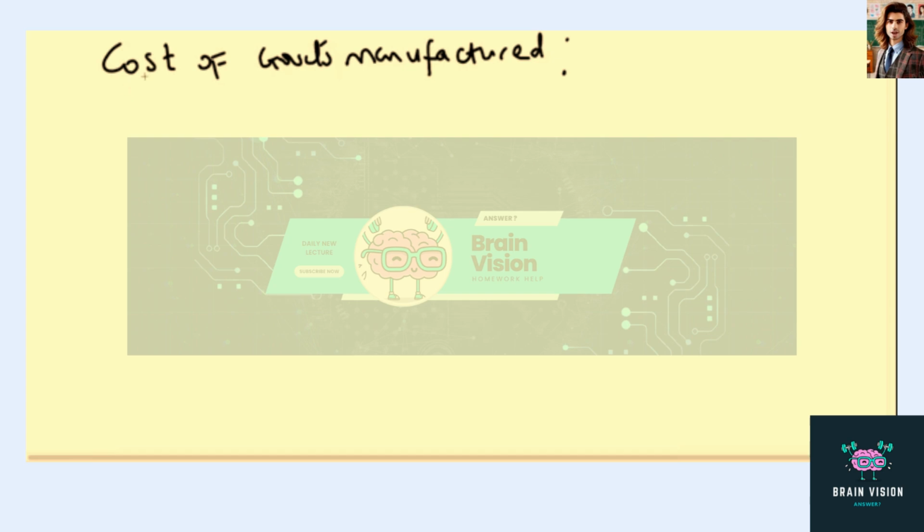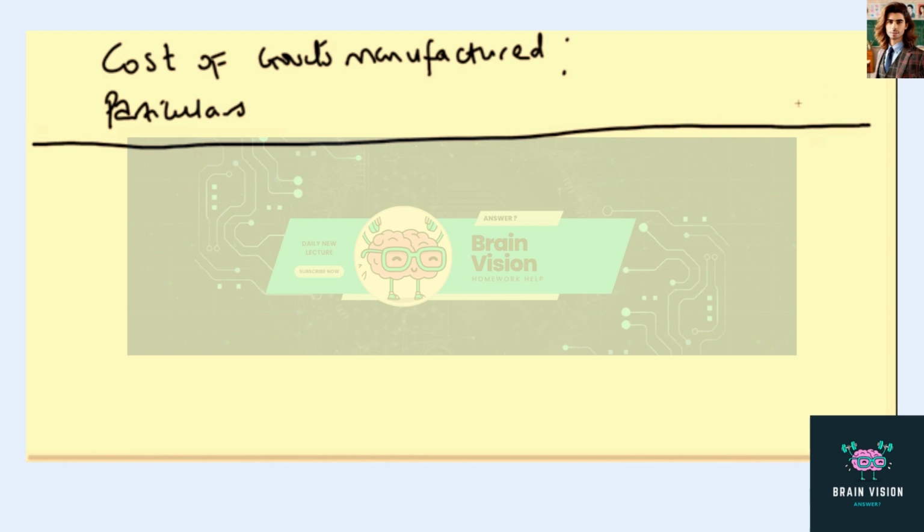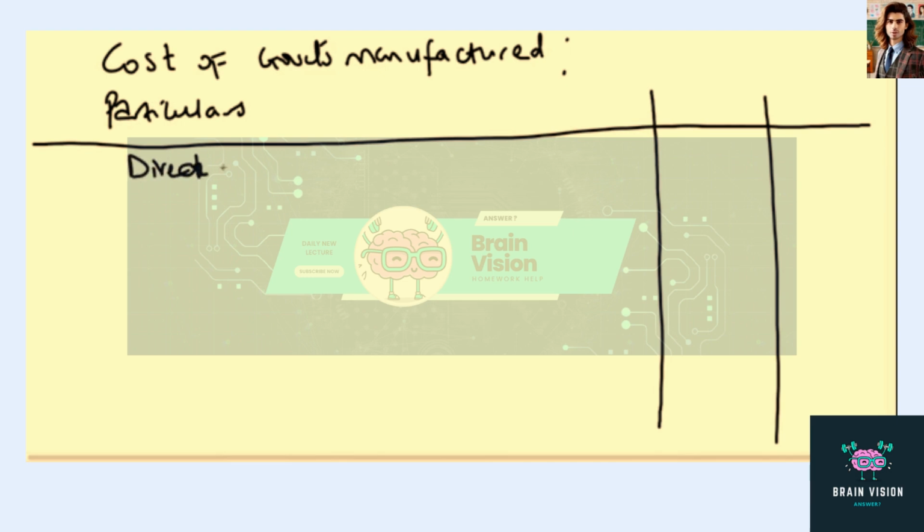So we're going to start with the particulars and the amounts in debit and credit. And then the first section will be direct materials.